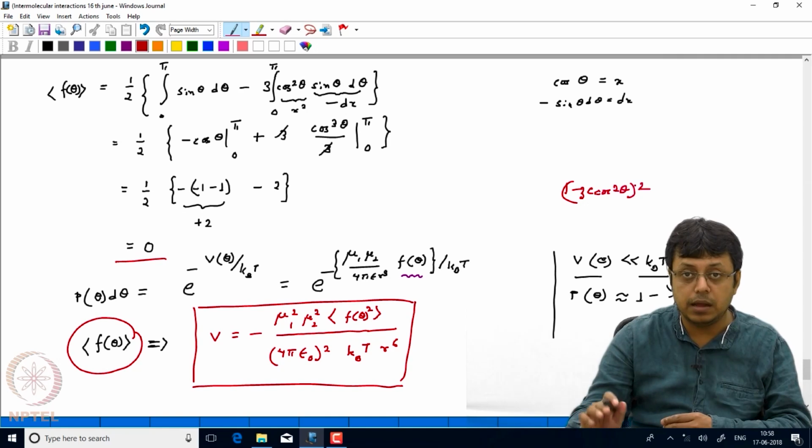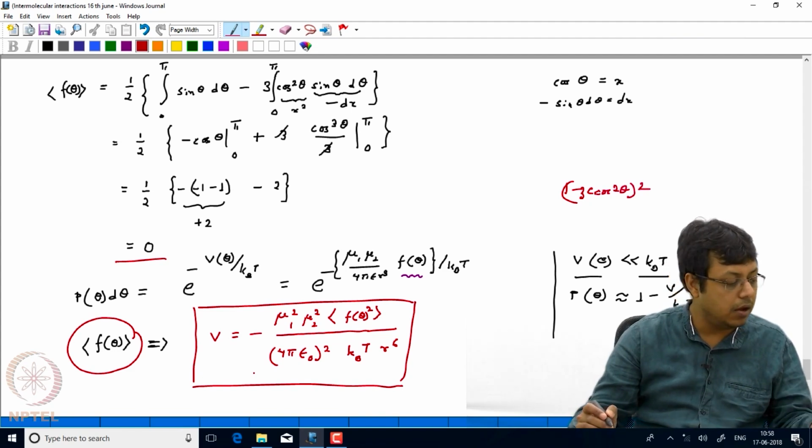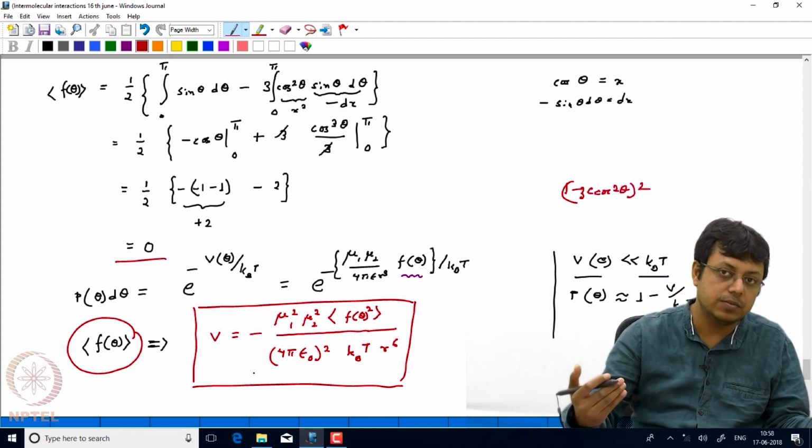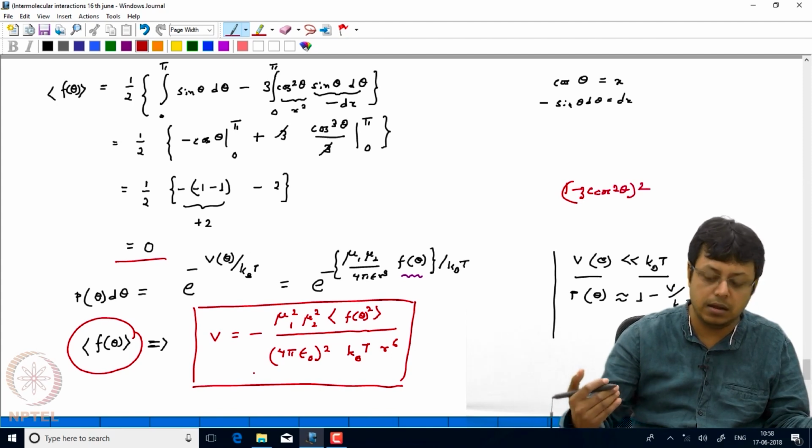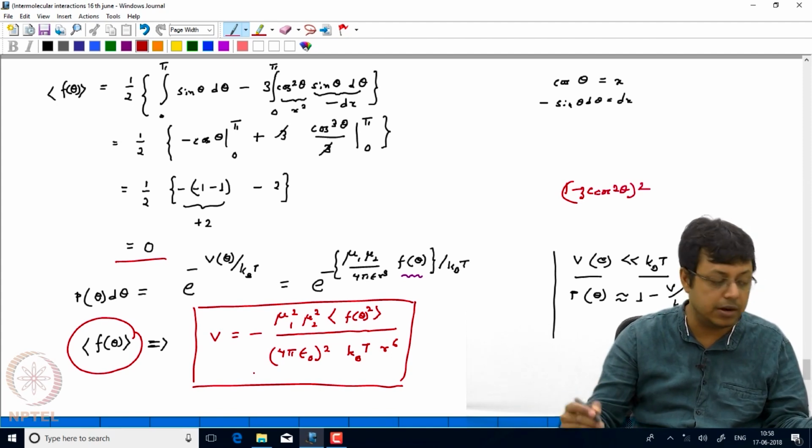That is why this term survives, and due to the squaring I have mu1 squared and mu2 squared, and also r cubed becomes r to the power 6. You can also see that 1 by 4 pi epsilon 0 gets squared, so this directly follows from the f of theta squared average.